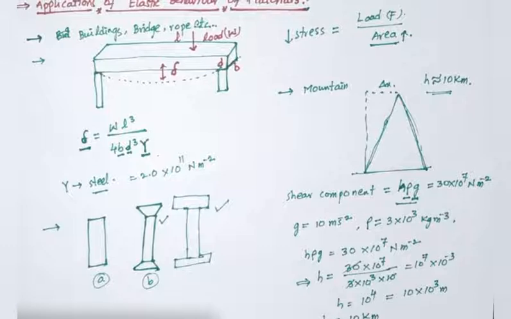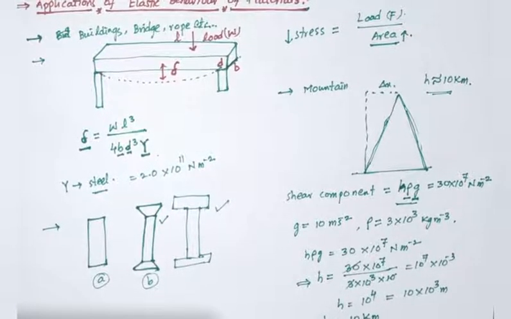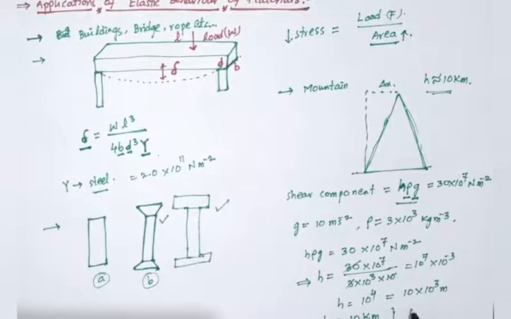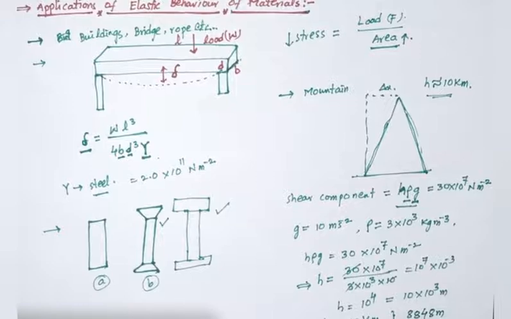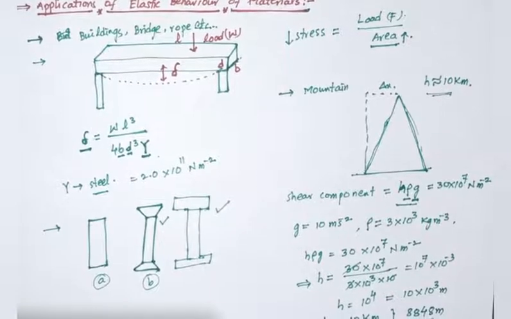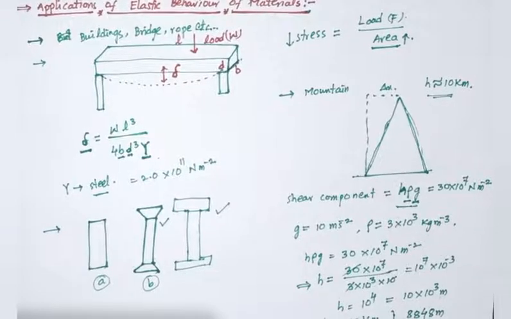The largest mountain in the world is Everest. The height of Everest is 8,848 meters, that is 8.848 kilometers.